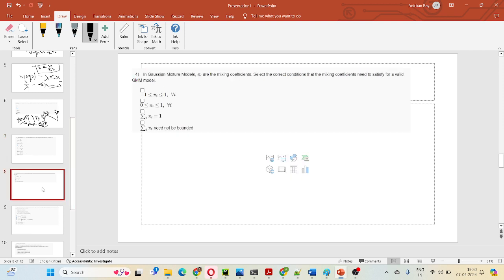So moving on. In the Gaussian mixture models, what happens is that we define the model.